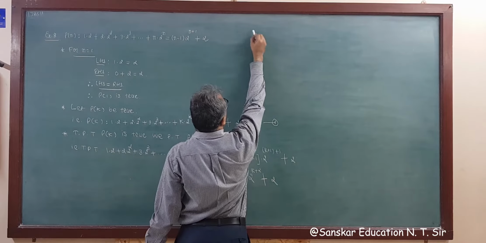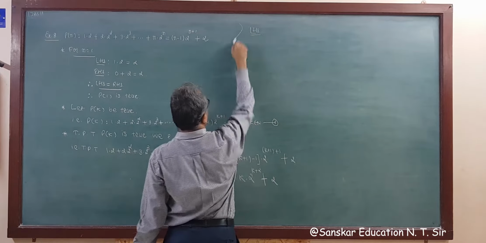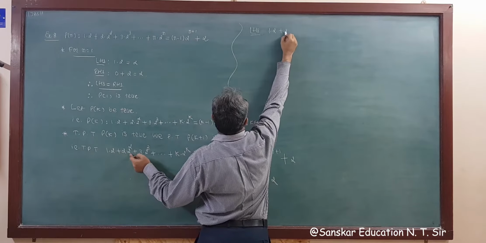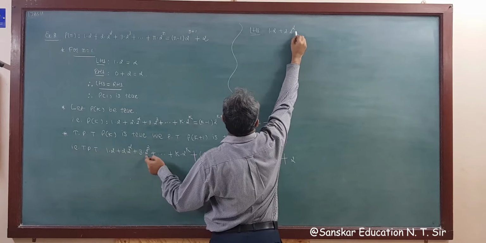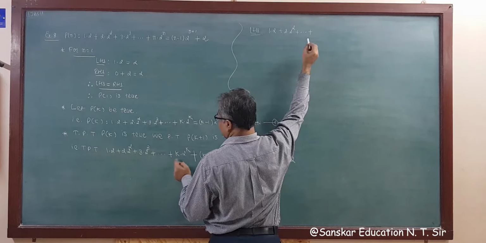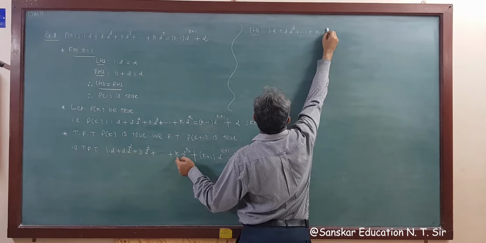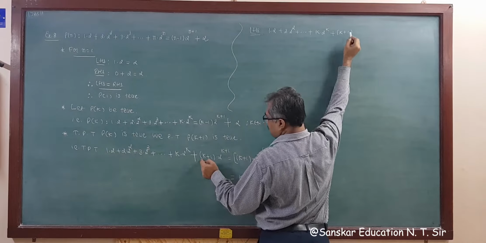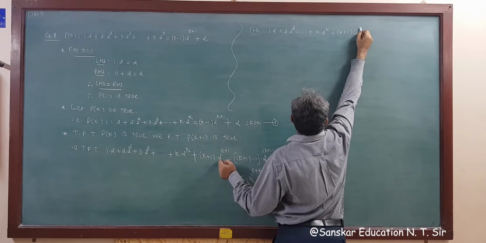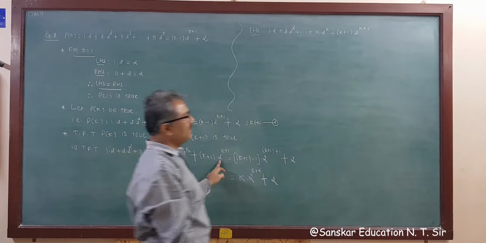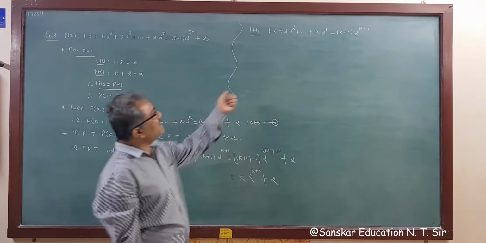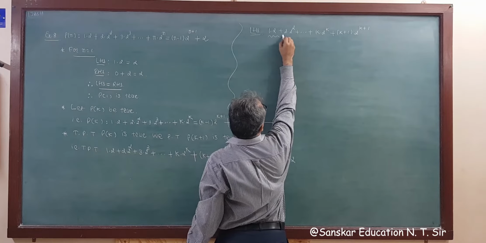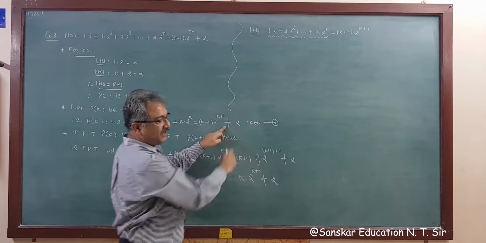So taking left hand side, 1 into 2 plus 2 into 2 square plus ... plus k into 2 raised to k plus (k plus 1) into 2 raised to k plus 1. Right? Now, you know, in this left hand side, from second last term to first term is always your result number 1, that is Pk.